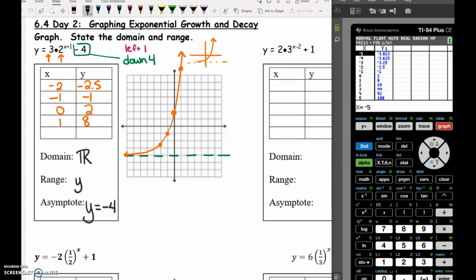So the range is going to be y something -4. Because the graph is above the asymptote, it's going to be y is greater than whatever that asymptote number is.